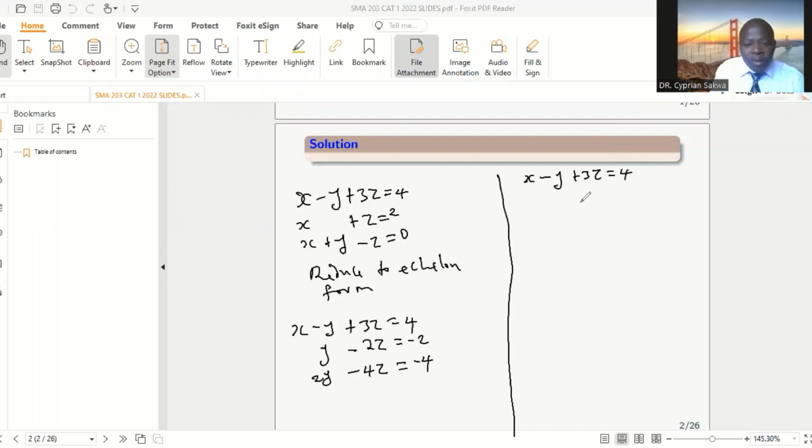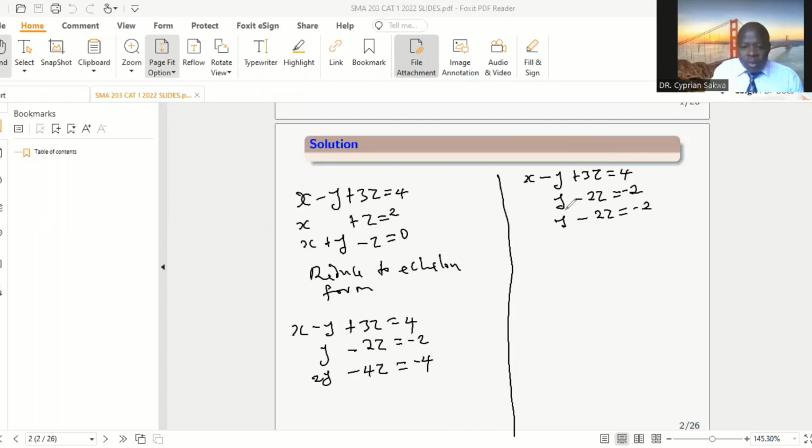The second equation is y minus 2z is negative 2. And in the third, 2 is common, so I'm dividing through by 2. That is y minus 2z is negative 2.